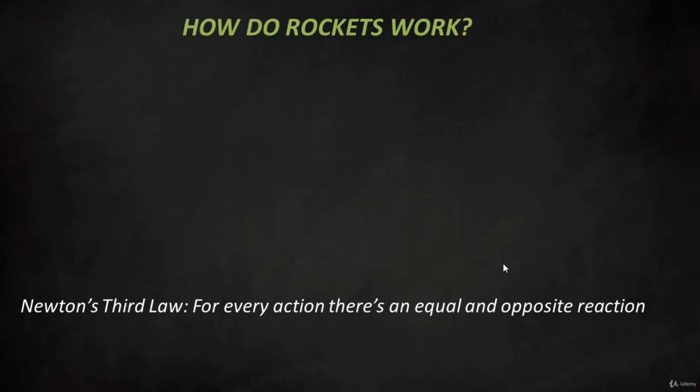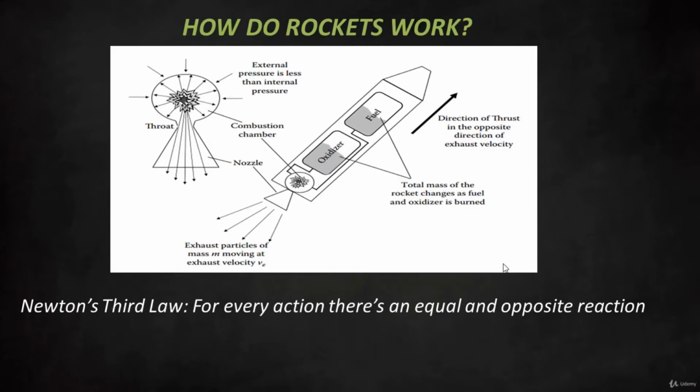How does that apply to rockets? Well, as I said in the previous video, if we consider a chemical rocket, we're going to focus on chemical rockets and specifically on liquid fuel rocket engines. As we said in the previous videos, fuel and oxidizer are considered propellants.